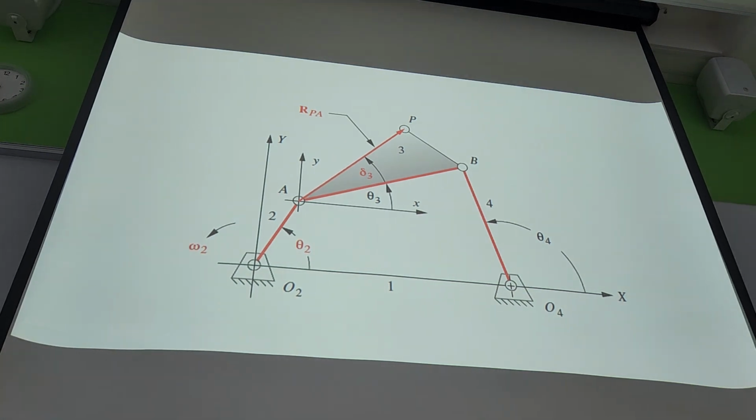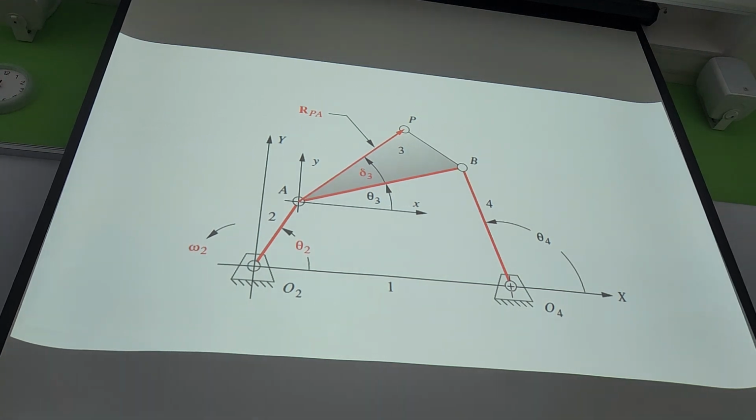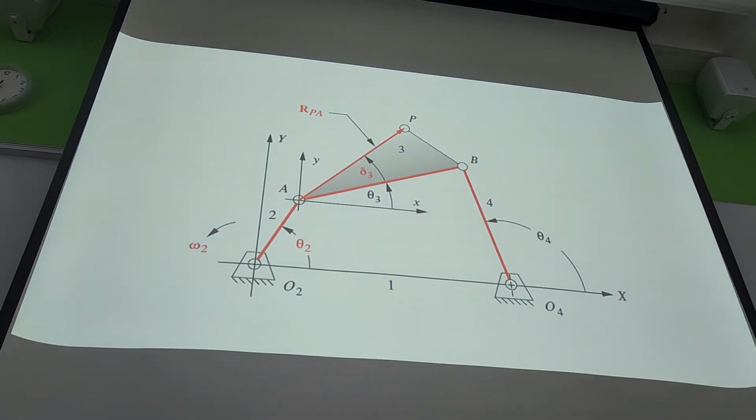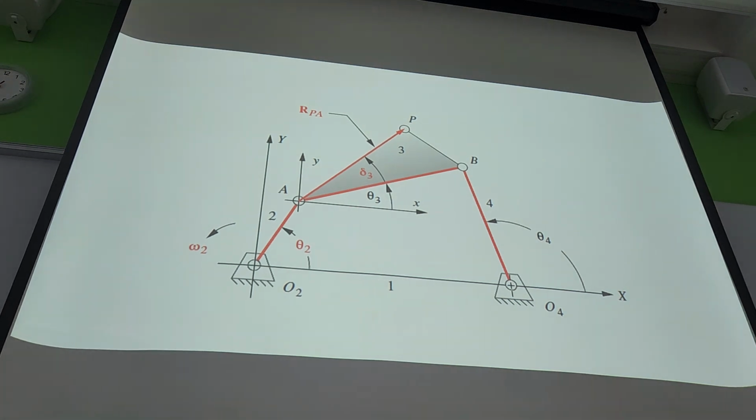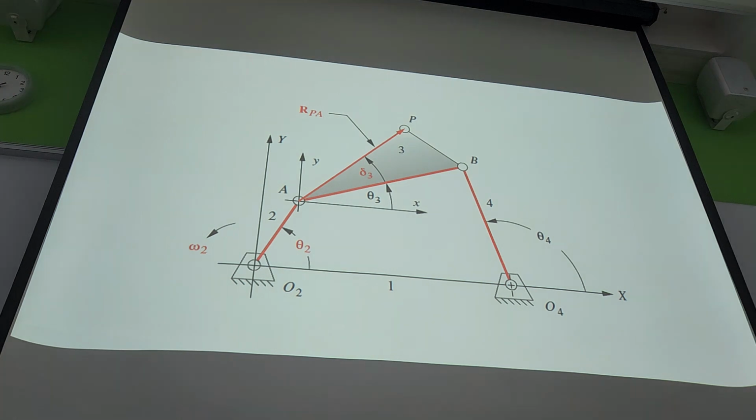You need to first, PA is this vector. This is your link 3, link 2, link 4. Omega 2 is given, theta 2 is given. So you can find out theta 3, theta 4 by position analysis.